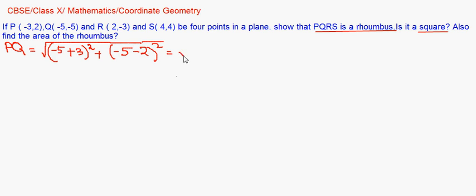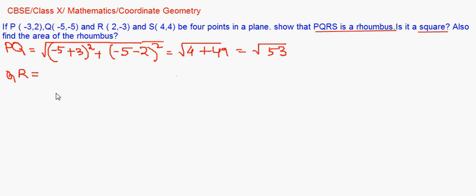That gives me -3 plus 5... that is -2, square becomes 4. Here is plus -7, so it is 49. So it's root 53. We are not supposed to calculate root 53. We just have to see if all of them we are getting to be root 53 or not. So let it be as it is.